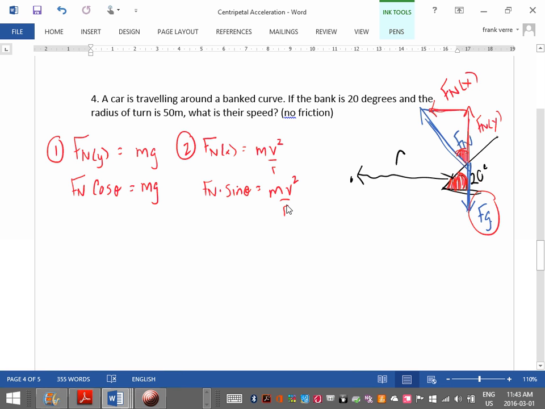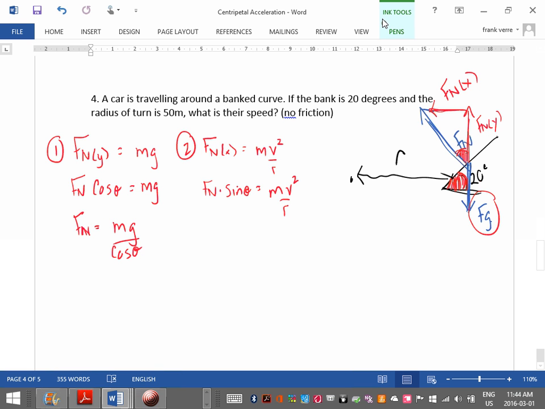Okay. Now this is what we can do. You notice on both sides we have Fn. What we can do is we can say, well, okay, Fn is the same as mg over cosine theta. Right? That make sense? Same thing.